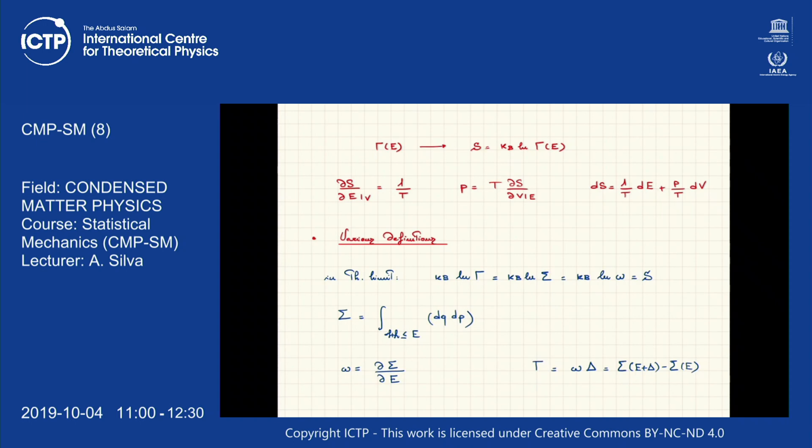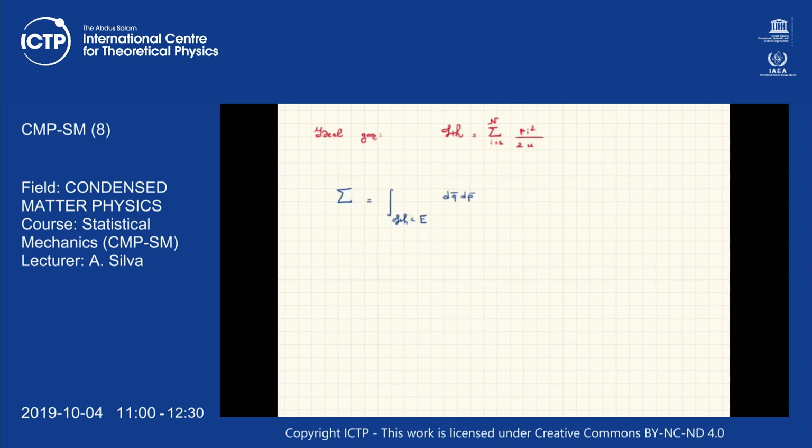The phase space volume element actually has a dimension, momentum times distance, the dimension of an action. And you cannot take the logarithm of something that has dimensions, it doesn't make any sense. Therefore, we have to normalize this in some way.